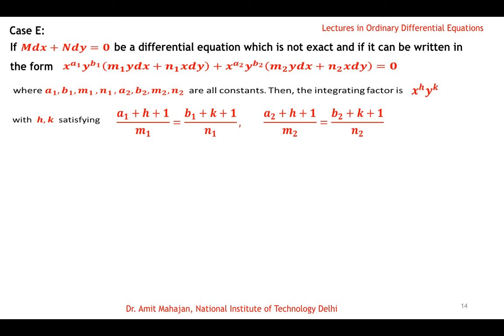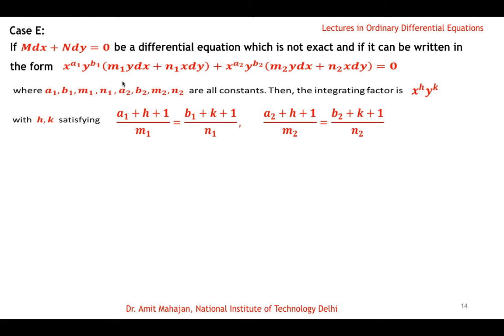Now the one last final case is that if M dx plus N dy equals 0 is a differential equation which is not exact, but it can be written in this form: x^a1 y^b1 (m1 y dx plus n1 x dy) plus x^a2 y^b2 (m2 y dx plus n2 x dy) equal to 0.